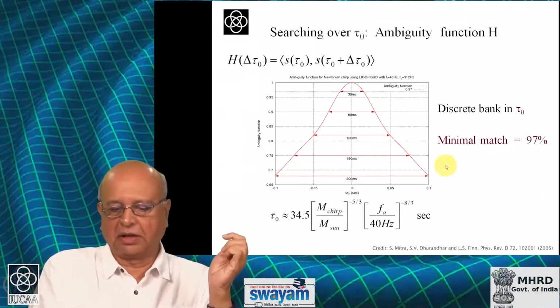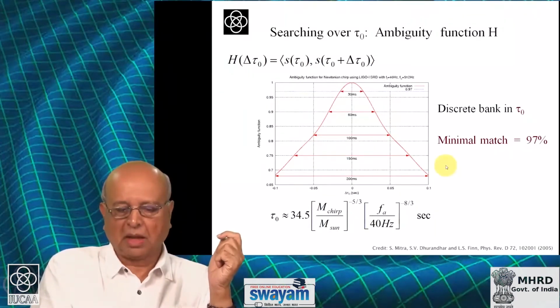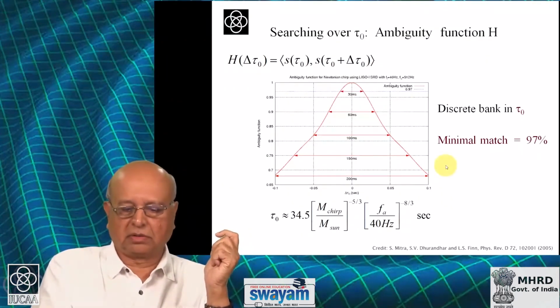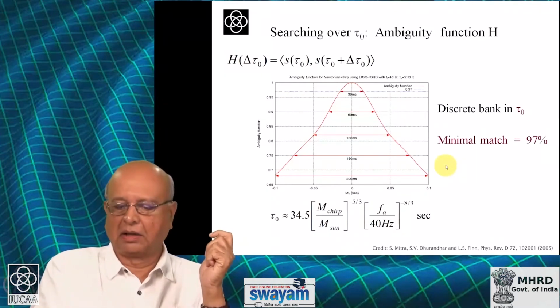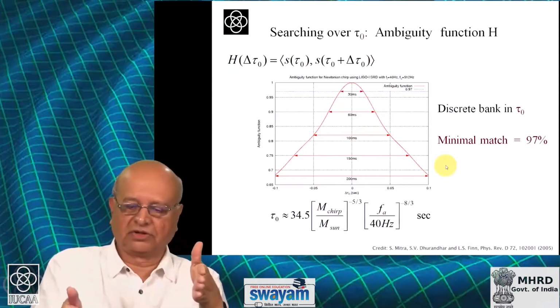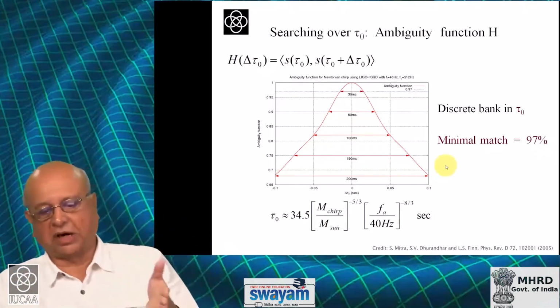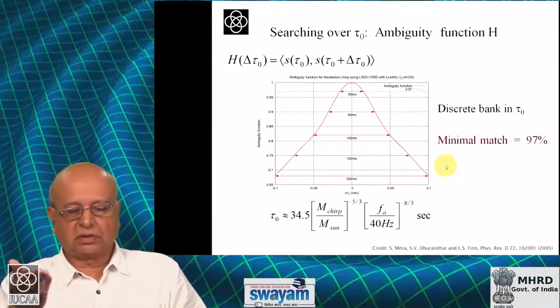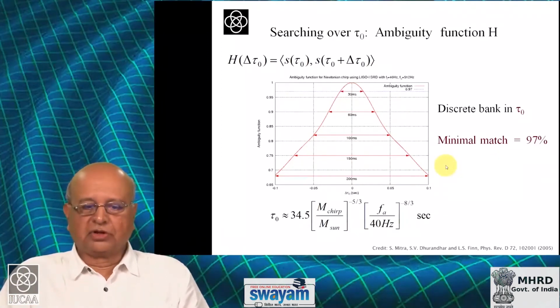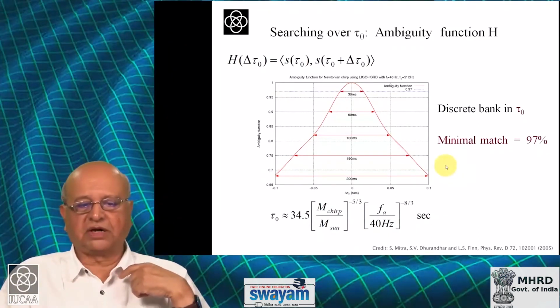And tau naught is given here in terms of the chirp mass, which I have written here, it is something like 35 seconds where the chirp mass is something like that of the sun, and the lower frequency cutoff is at 40 hertz, which is where the bandwidth of the detector starts from the lower end. And the chirp mass is, as I said, mu times m to the 2/3. Mu is the reduced mass, m is the total mass. Okay. So, this is how it is done. So, you have got a whole lot of templates which are there.